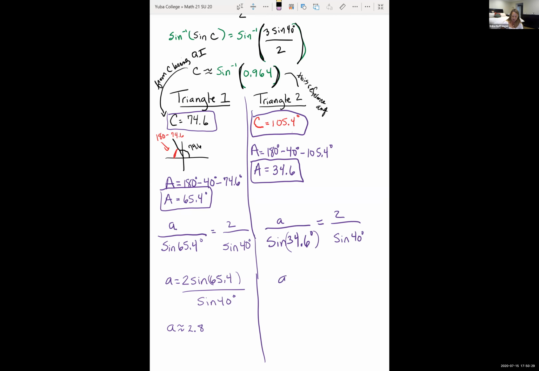So A equals 2 sine of 34.6 degrees all over sine of 40 degrees. And that should give us approximately 1.8.